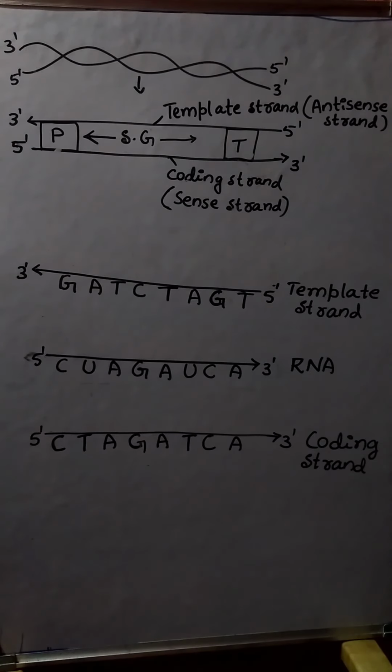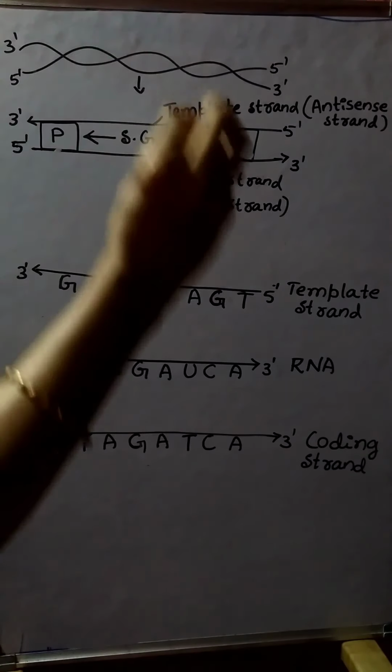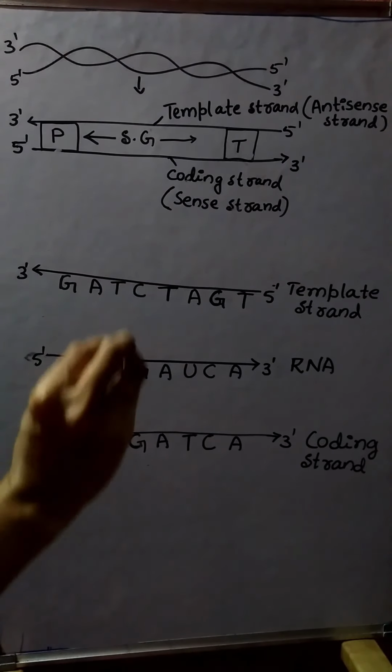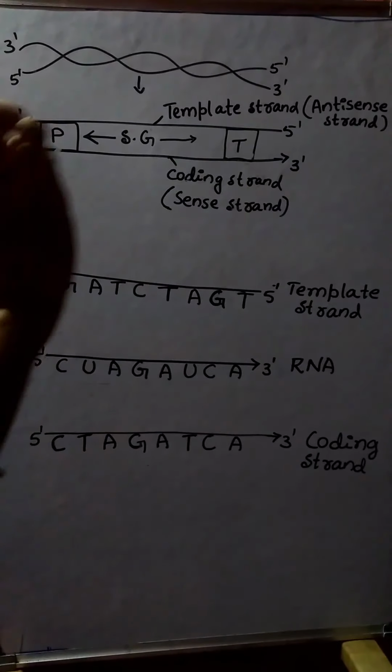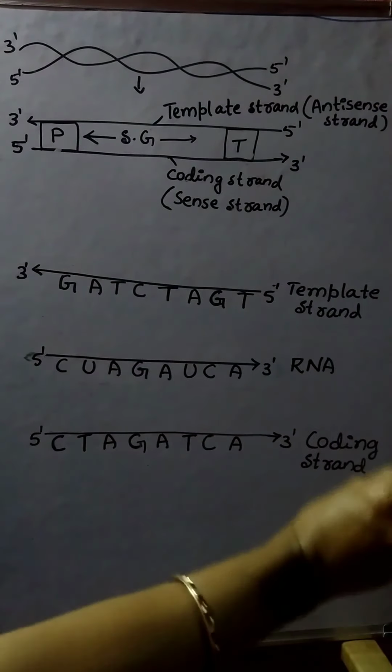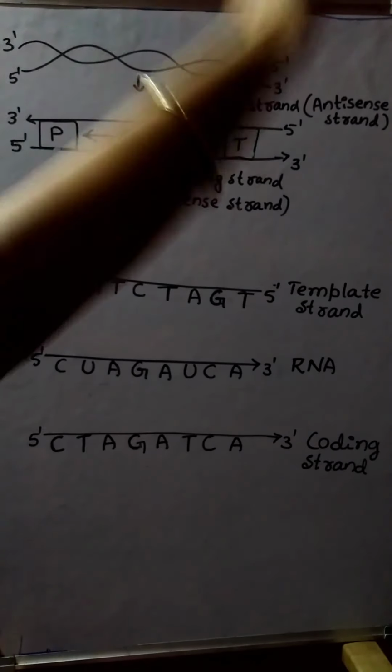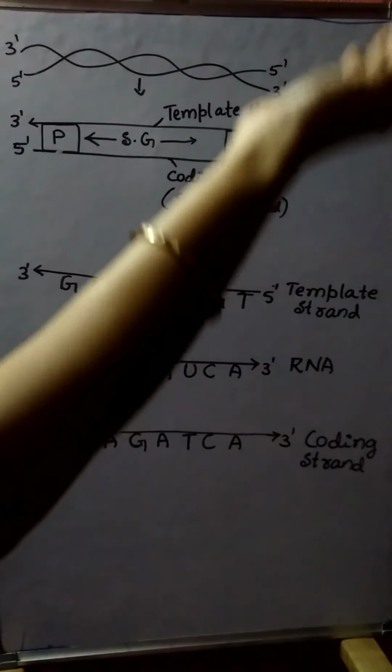Later, that genetic information is transferred into mRNA by the transcription process. Then, from the mRNA, genetic information is transferred into protein by the translation process. That means the genetic information from the DNA is transferred to protein through mRNA.